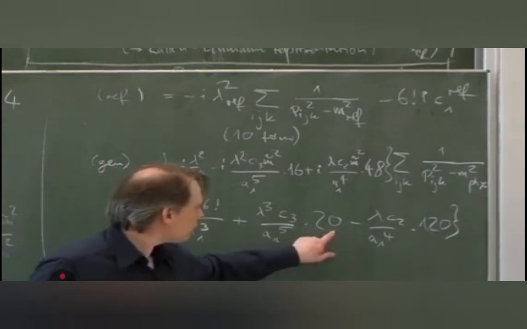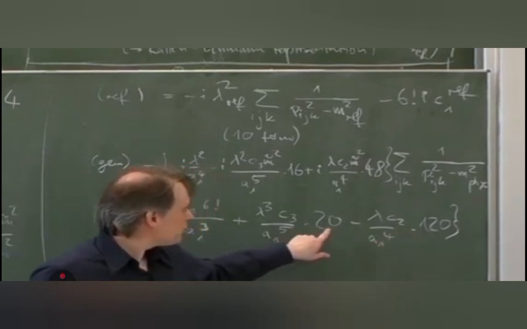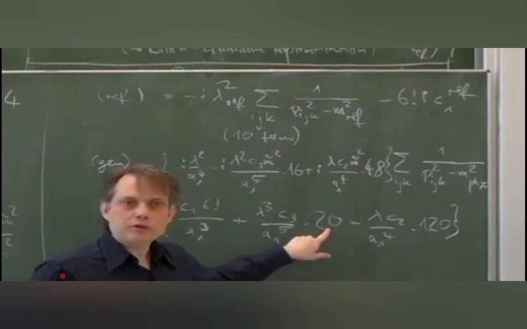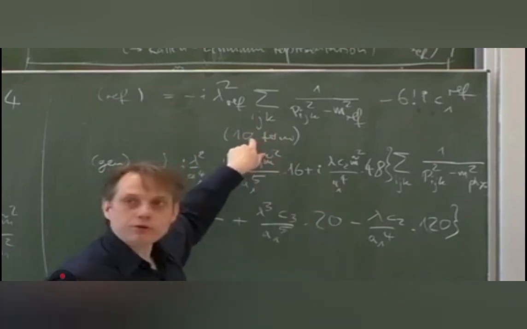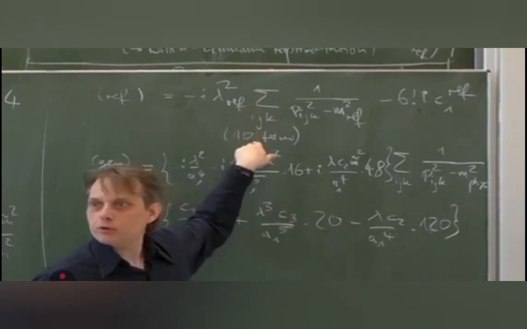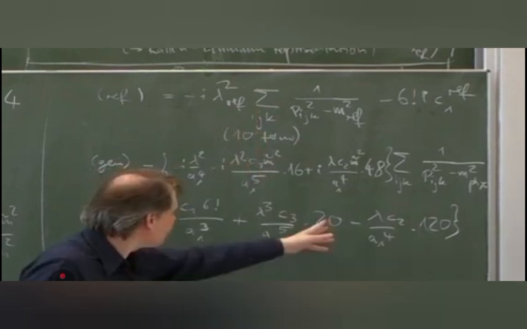Small fun comment: I struggled for a few hours with these prefactors here until I discovered that the original prefactors that I had for some time had to be multiplied with a factor 10 because they appear in the sum over 10 equal terms. Okay, and then everything worked out smoothly. Okay, very good. But that is the result.